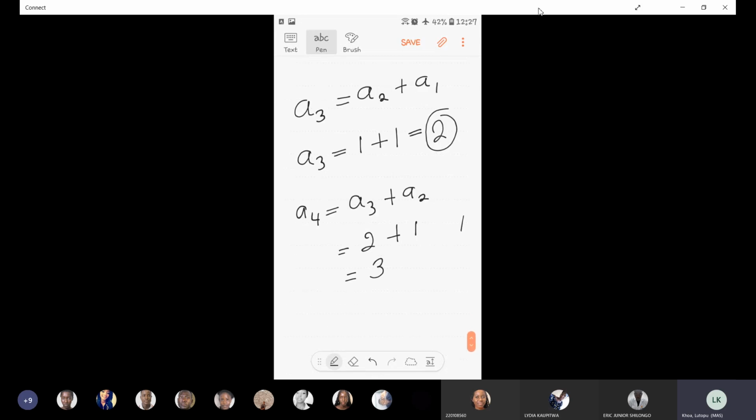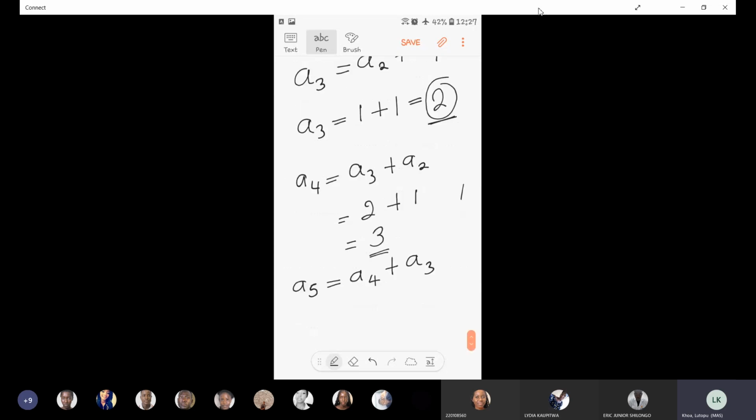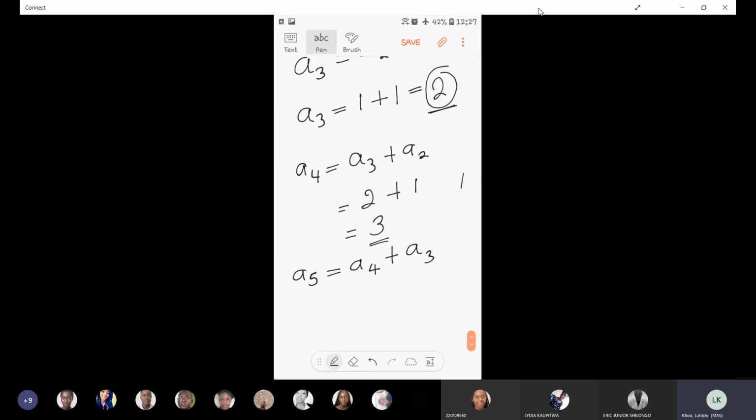If I want the fifth term, this is a4 plus a3. A4 we just worked out, and a3 is over there, so I add the two together. So this is 3 plus 2, and this gives me 5. And then you continue, using the preceding terms in order to work out what comes next.